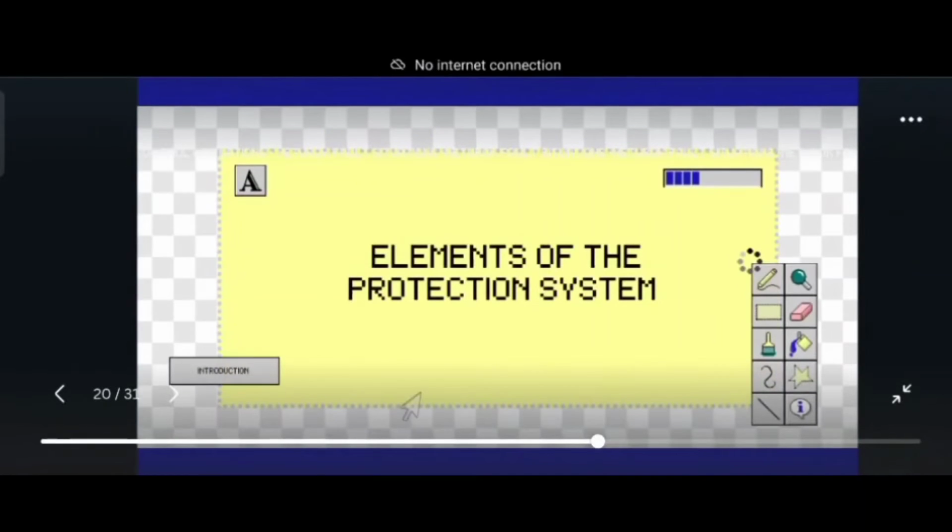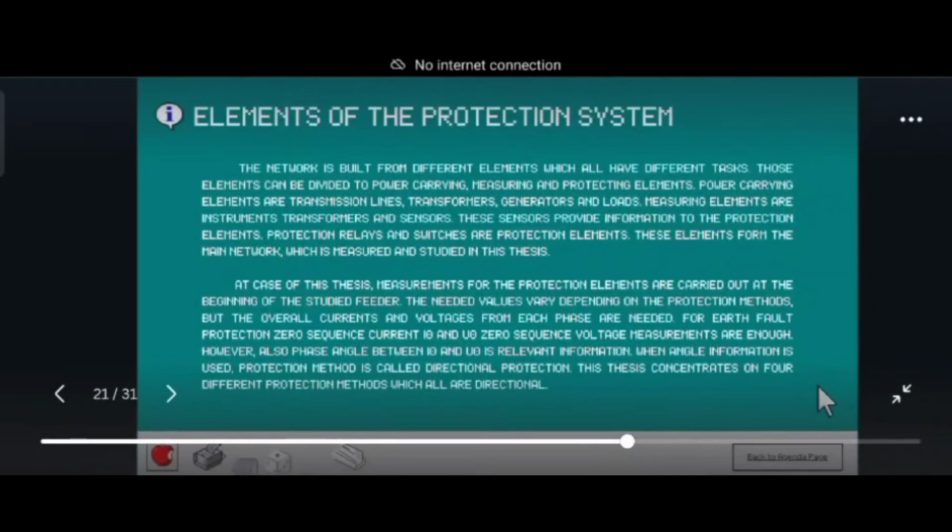Next, elements of the protection system. The network is built from different elements which all have different tasks. Those elements can be divided into power carrying, measuring, and protecting elements.